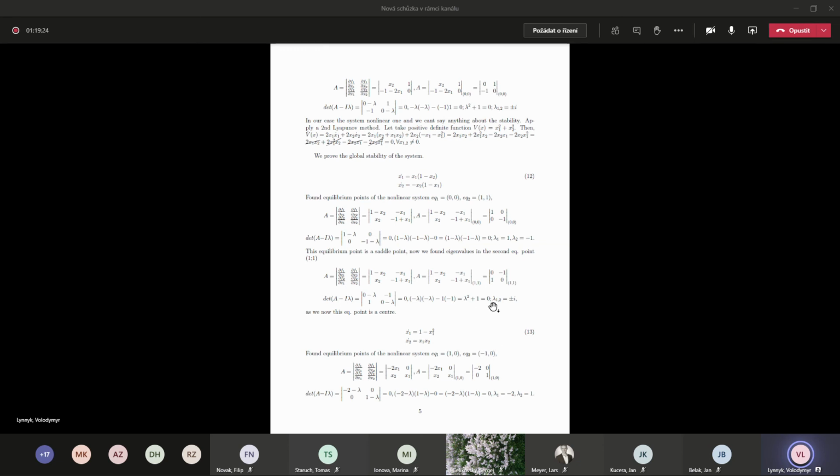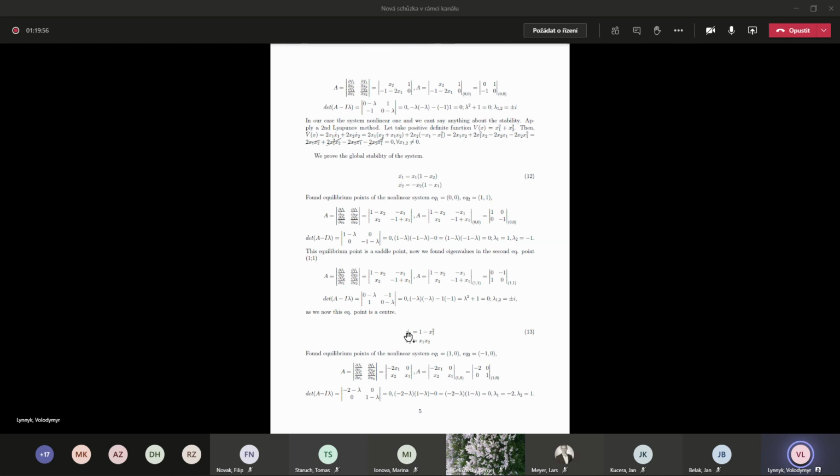Can we say something about this, if it is stable or unstable? We know this equilibrium point is a center, but can we say something? Okay, we can't, because it is a nonlinear system, and we need to apply the second Lyapunov method.